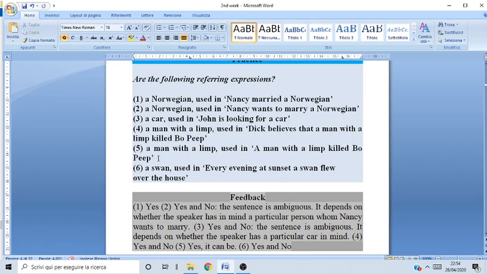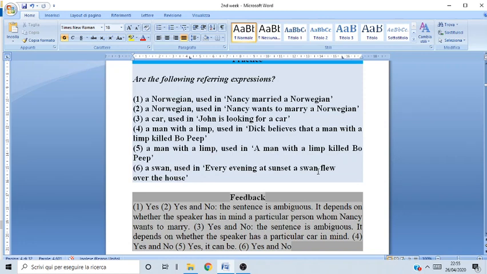Yes, this is a referring expression. And then number 6. Every evening at sunset, a swan flew over the house. A swan, referring to a specific swan or a generic swan, and so it can be yes or no.